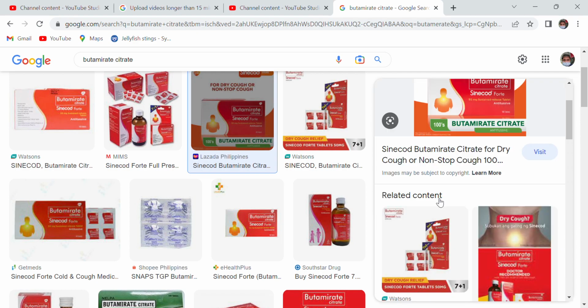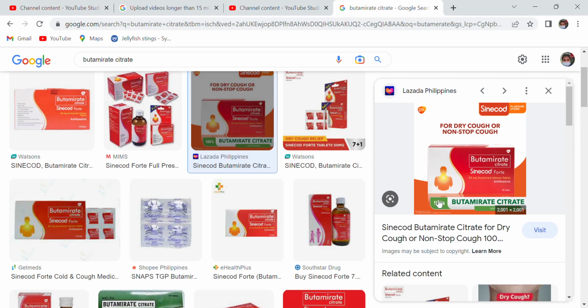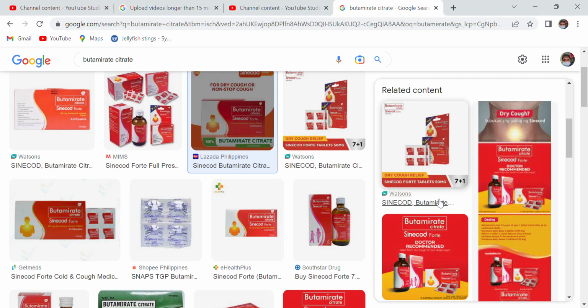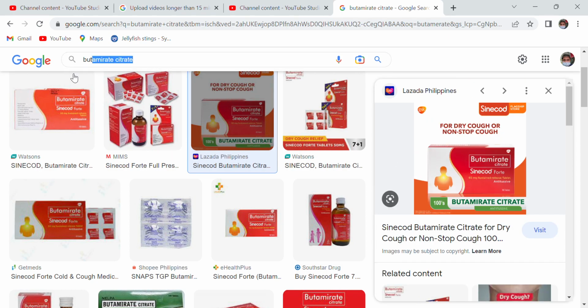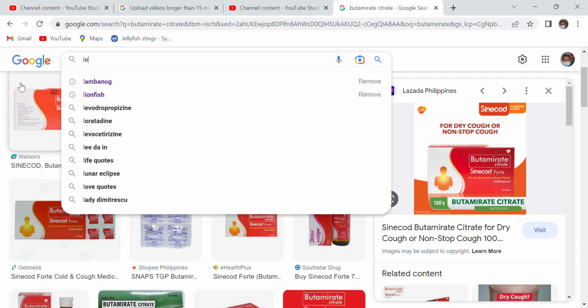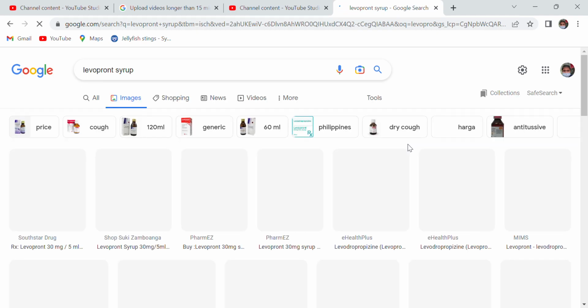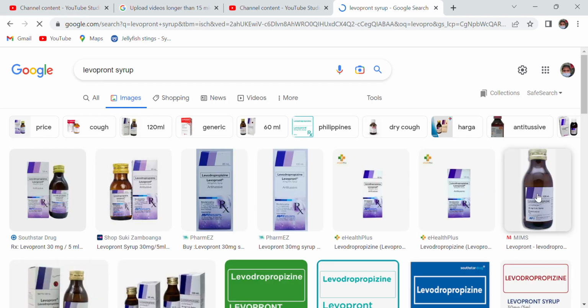You need to take this one if you have a cough that has no phlegm, but you need to stop the coughing. So butamirate citrate or levodropropizine, Levopront. Here you have the Levopront, and it is also an antitussive.